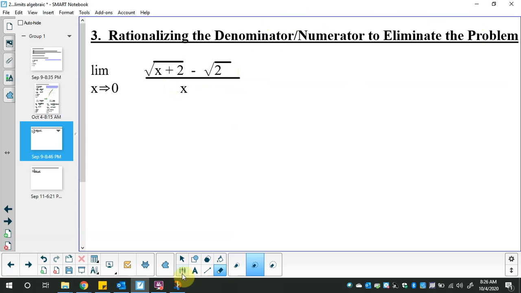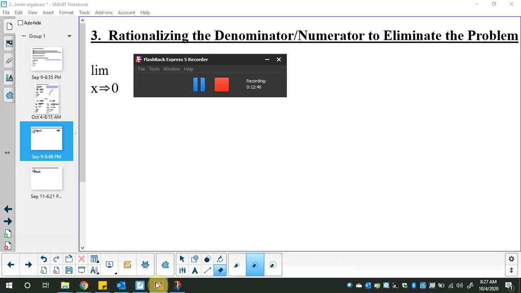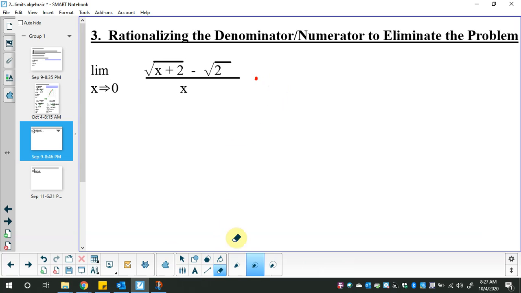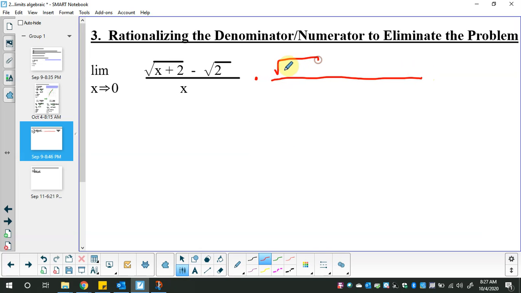And the step is that you have to multiply by 1. Which does nothing. But you don't actually multiply by the number 1, because that wouldn't really help you all that much. You want to multiply by a special 1, and the 1 is whatever the root line is. So this is radicals.